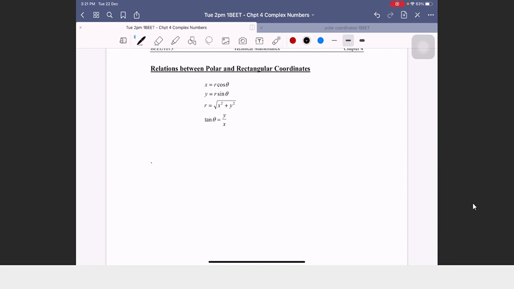If I draw the x y axis and talk about one point in rectangular coordinates, that point can be represented by x y.